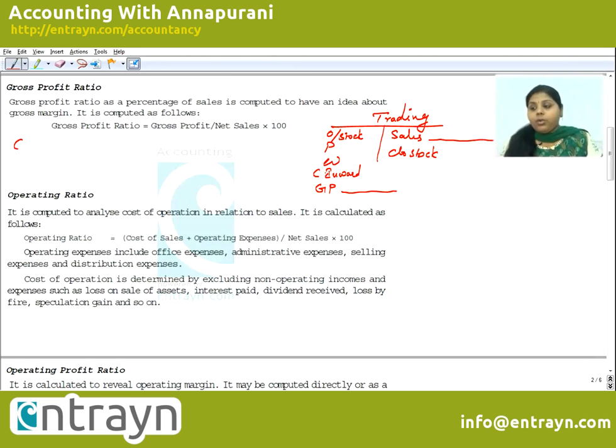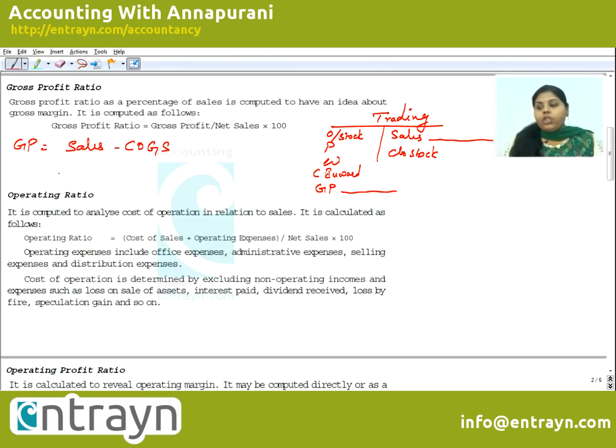Gross profit is equal to sales minus cost of goods sold. Basically, this is the one that we practice. Cost of goods sold is opening stock plus purchases plus all the direct expenses minus closing stock. This minus all of this is this.